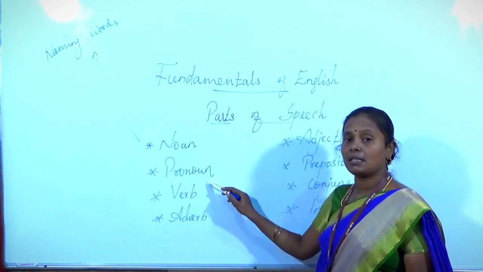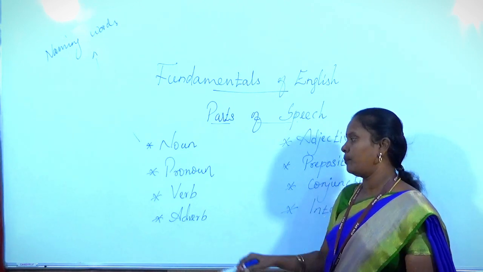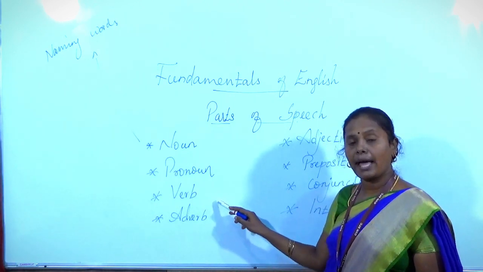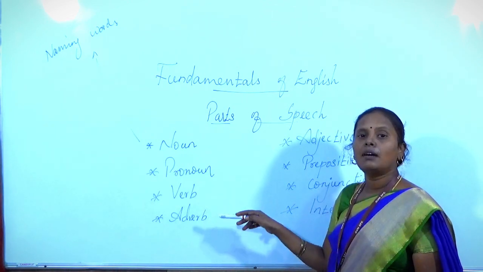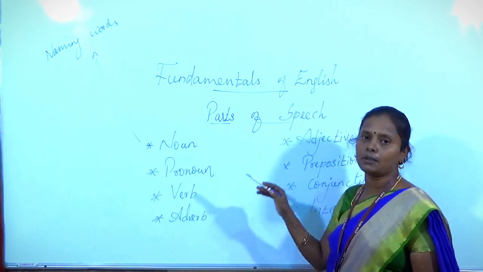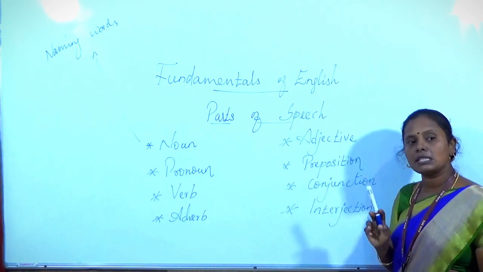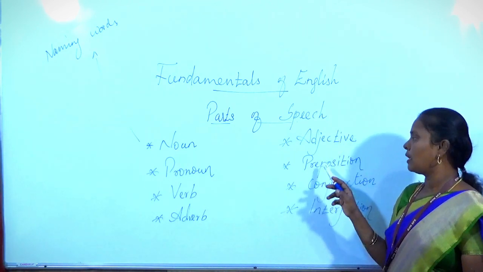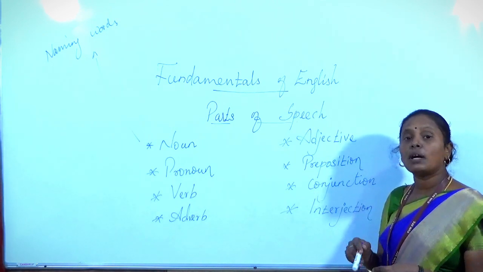Pronoun is a word which is used instead of a name. Verb is an action word. Adverb is a word which gives additional information to the verb. Adjective is a word which describes the noun, and preposition is a word which links a noun to another word.